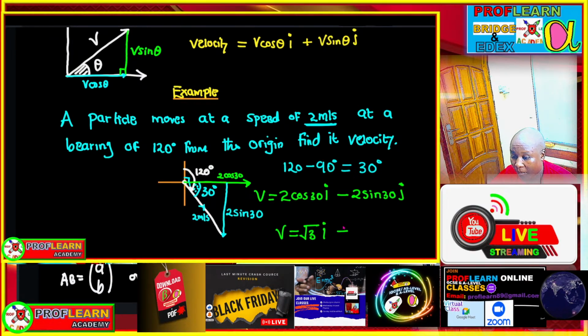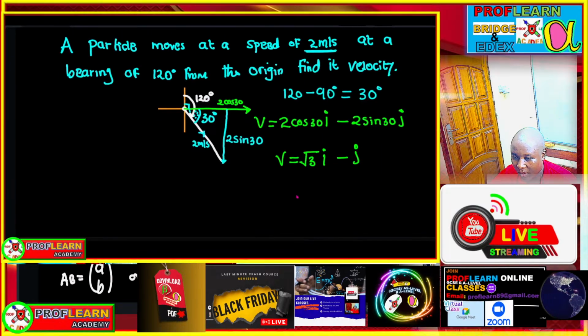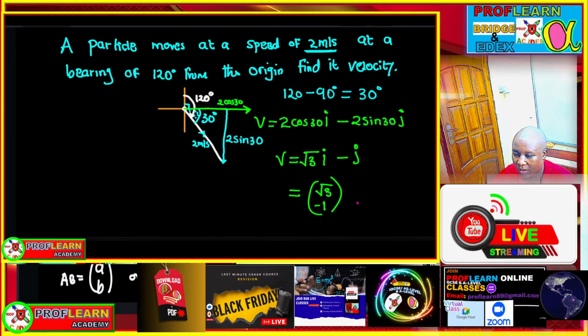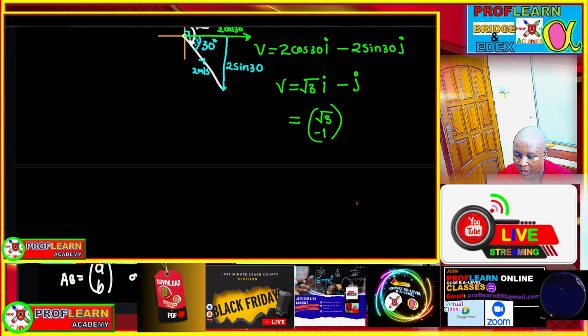All right, so moving further, you can write position as column vectors, or you can write it as unit vectors like that.